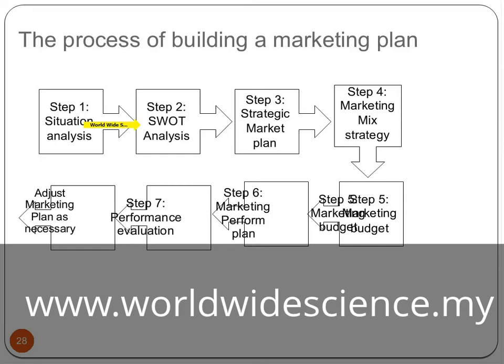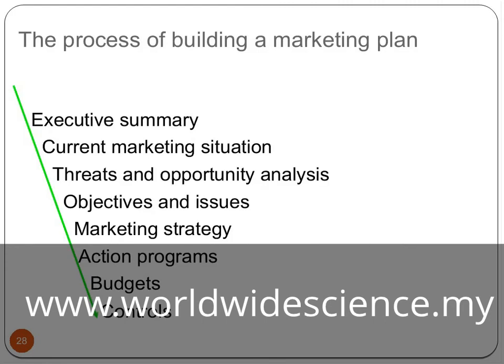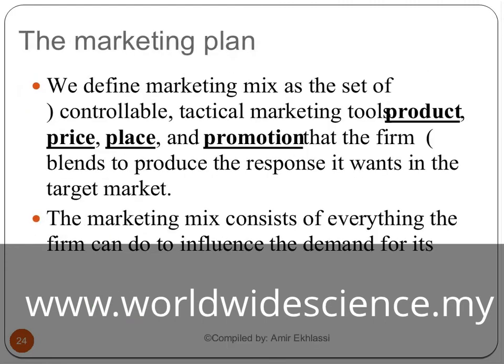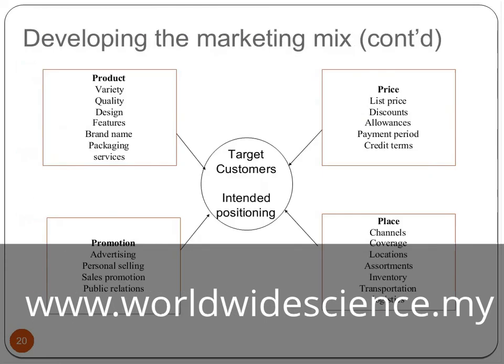Marketing mix strategy: in every area of the marketing mix, product, price, promotion, and place, you need to choose the best strategies. I want to remind you of the marketing mix. Maybe some of you need to have another look at it.